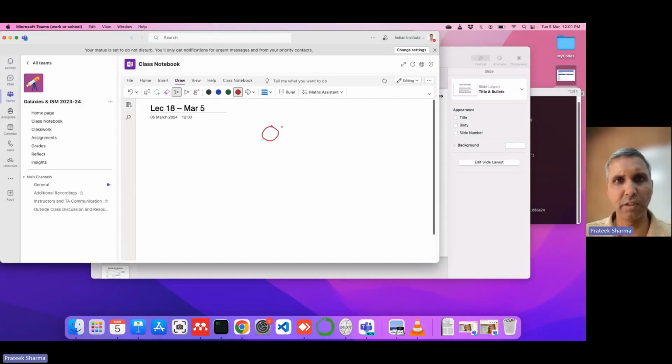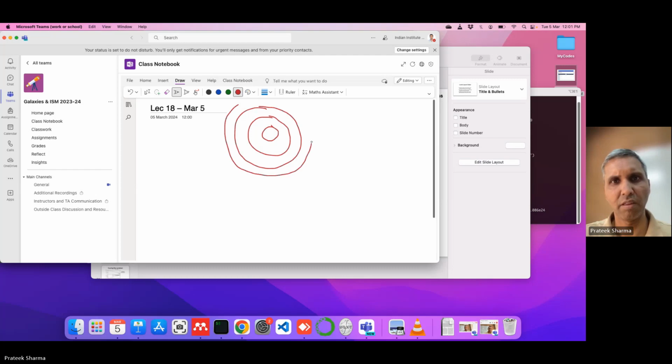What I'm drawing is a spherically symmetric galaxy cluster, and here is an observer. If you're observing the outer part of the galaxy cluster, you only get emission from this shell.